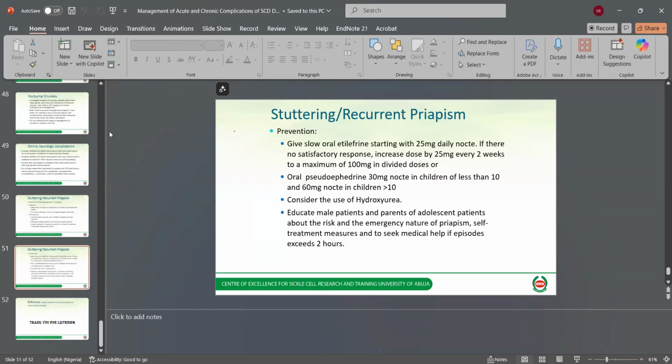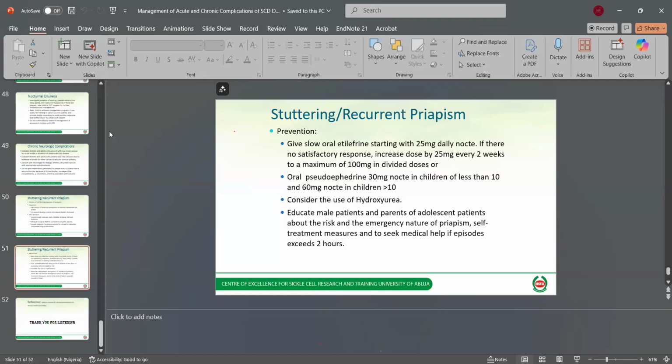Yeah, this is actually the ultimate, because it is a genetic disease if we remember the pathophysiology. So genetic modification in terms of gene therapy, that is ultimate. And then we have bone marrow stem cell transplantation. Those are ultimate.